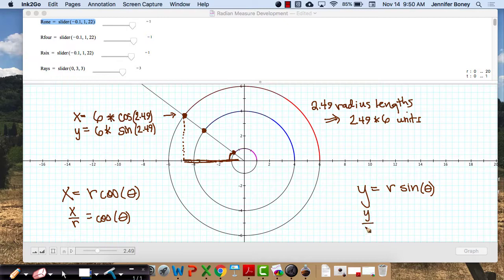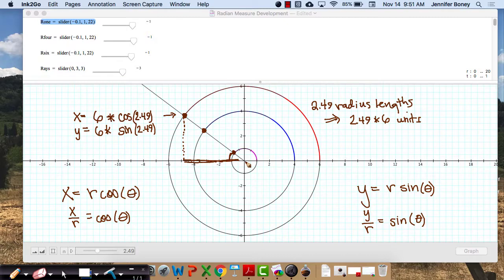Again, y over r, just rearranging these, would be the sine function. Sine is defined in triangles, if you've seen it defined that way, as opposite over hypotenuse. The only thing with triangles is that they don't generally involve negatives.